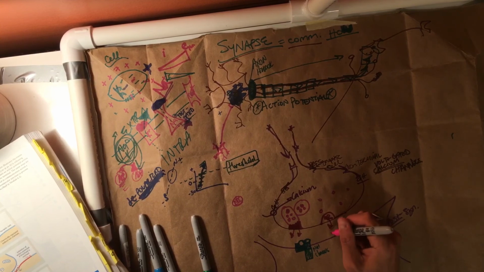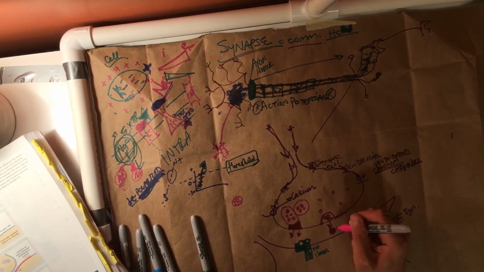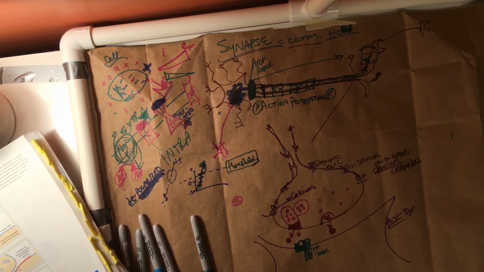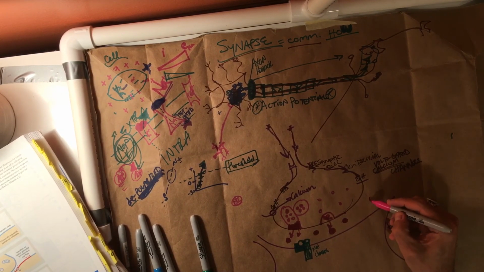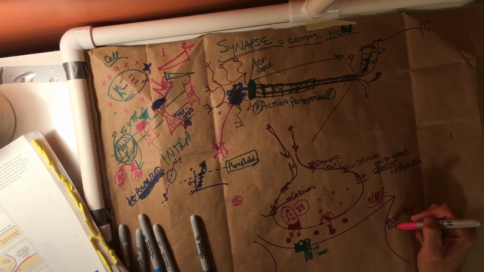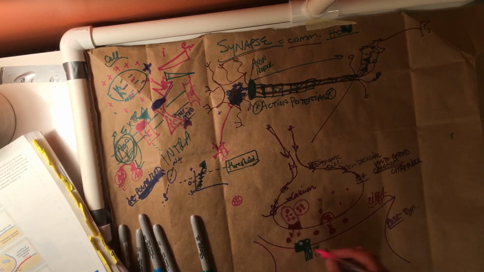And now these big pink balls, which represent neurotransmitter chemical signal, are released into the space here. The space here is called the synaptic cleft, C-L-E-F-T. This is the synaptic cleft, and neurotransmitters release into the synaptic cleft.